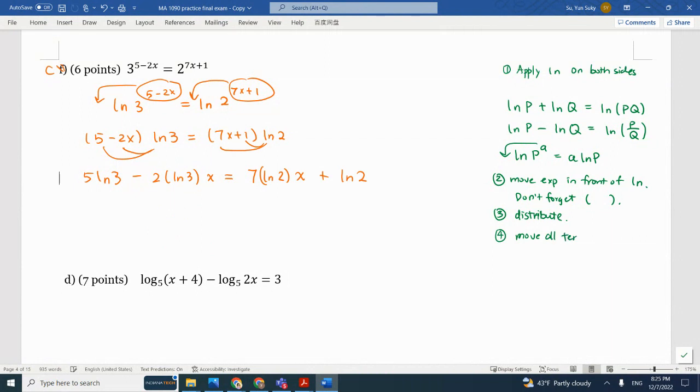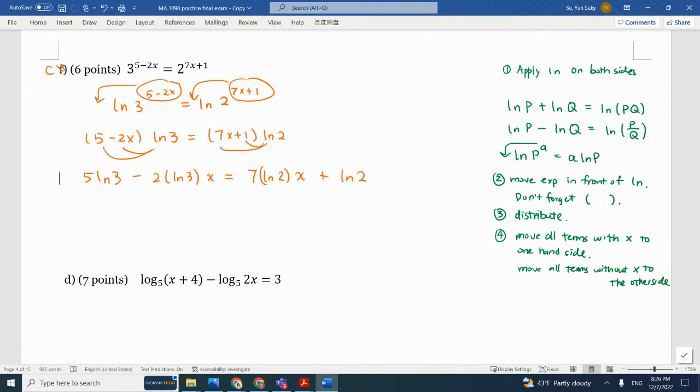So move all terms with x to one hand side and move all terms without x to the other side. Okay, so therefore here, do you see this is negative?